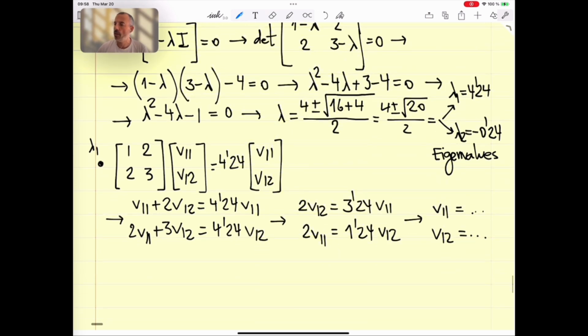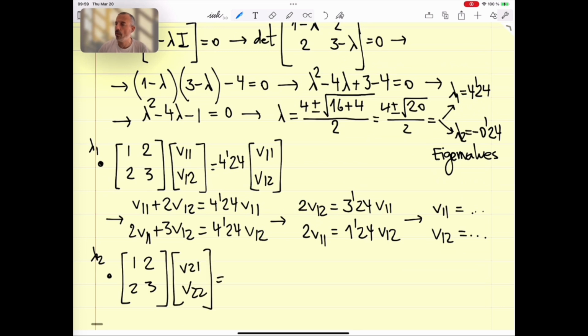You do the same for the second value, which is minus 0.24. And you get the coordinates of the second eigenvector.